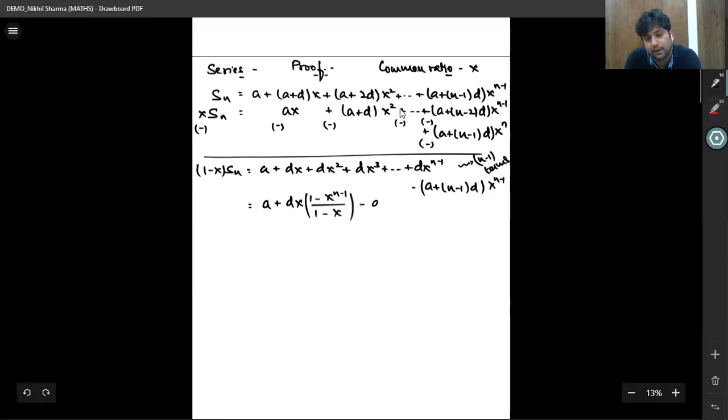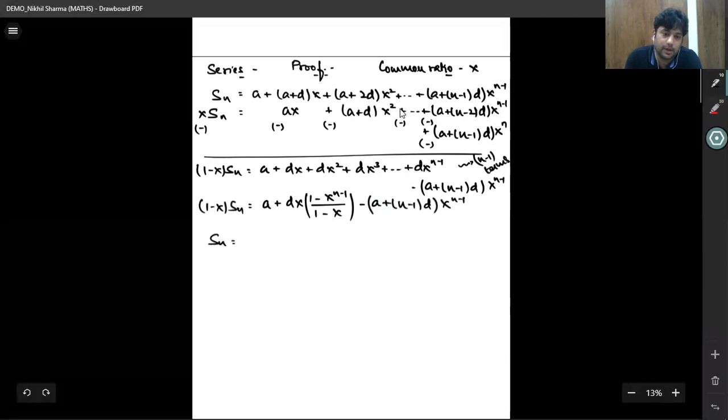Minus a times n minus 1. This is what? a plus n minus 1 times d, x raised to the power n minus 1. And this is 1 minus x times Sn. We need to find Sn.